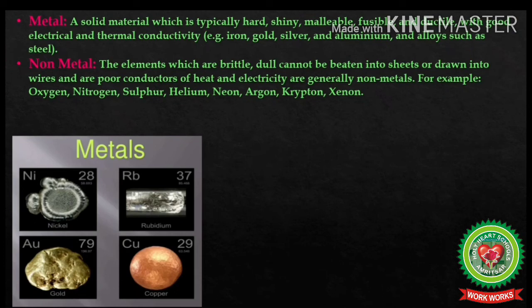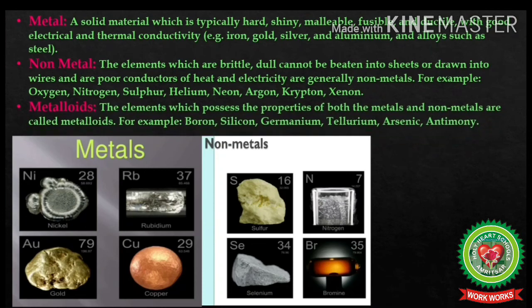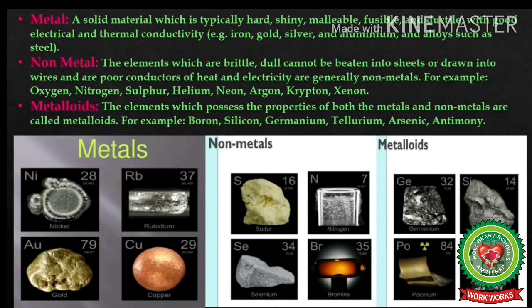For example, oxygen, sulfur, helium, selenium, bromine, nitrogen. Next term is metalloids. So metalloids are basically those elements which show the properties of both metals and non-metals. For example, boron, silicon, germanium, polonium, arsenic.